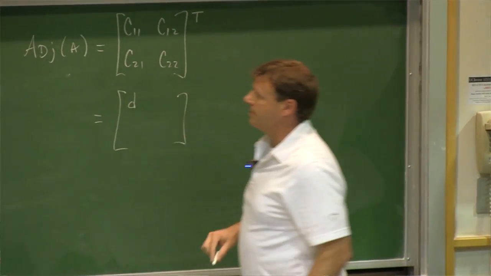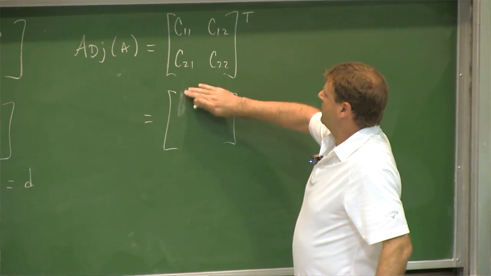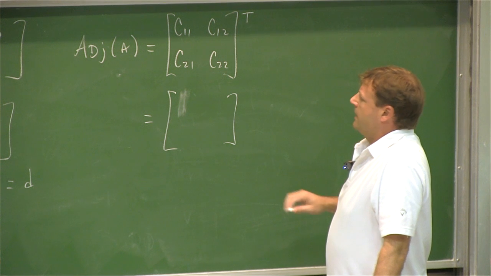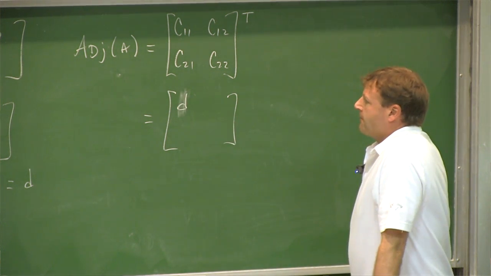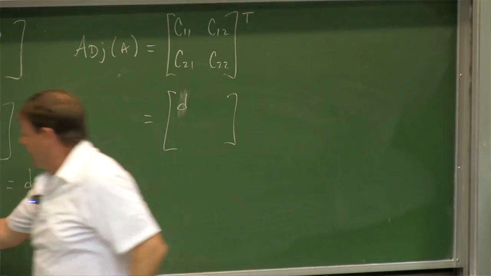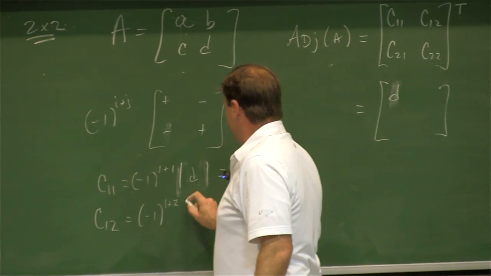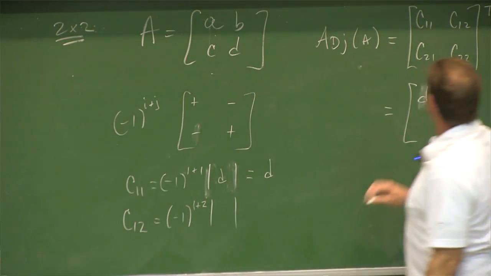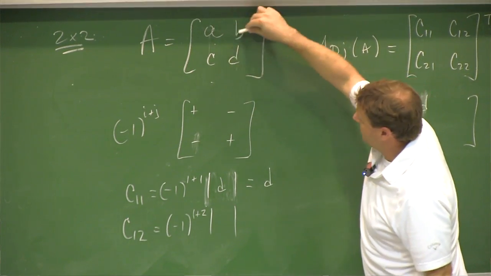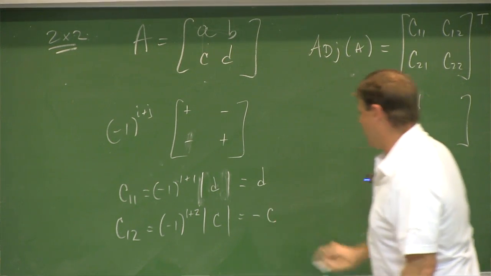Yeah, that's right. Sorry. Okay, so let's do C12. That's going to be negative 1 to the 1 plus 2 times the determinant of the matrix left over when I cross off this row and this column. So I just get c in here. That's equal to negative c.